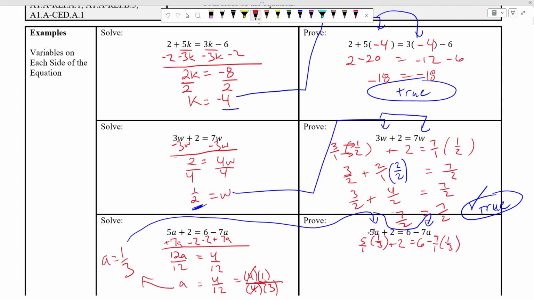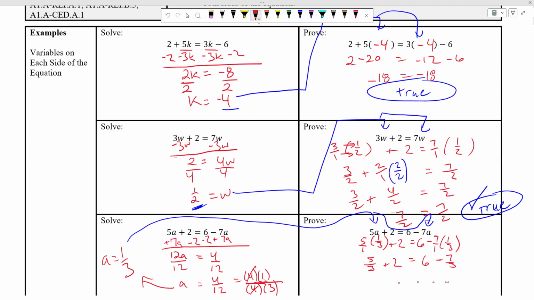Therefore, it's more recognizable to me that I must perform a multiplication here. Cross the tops, cross the bottoms. I end up with 5/3 plus 2 equals 6. Multiply the tops, multiply the bottoms. I get a minus 7/3. Okay, not bad at all.